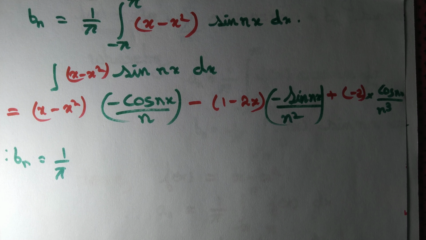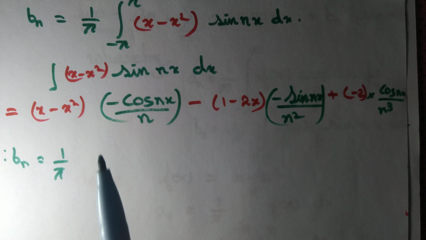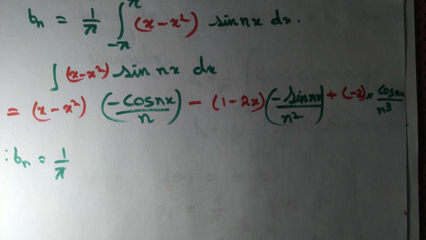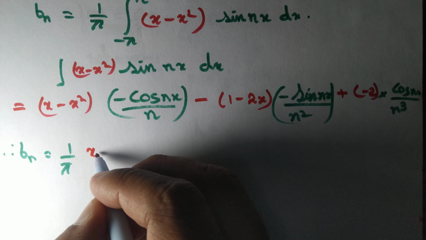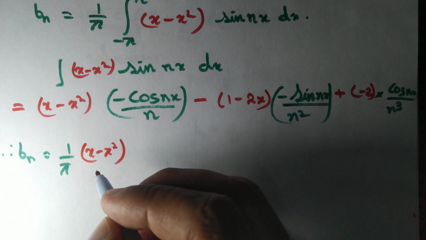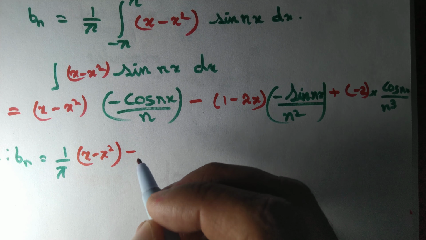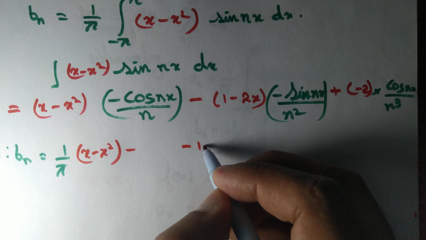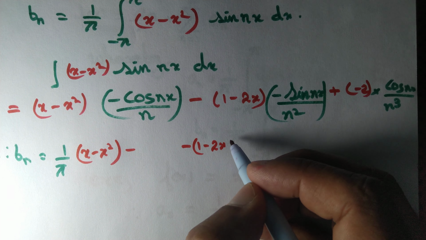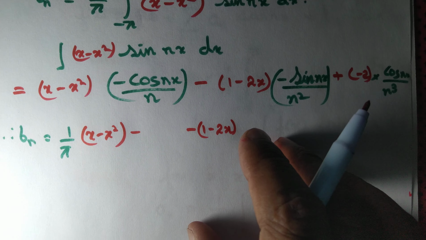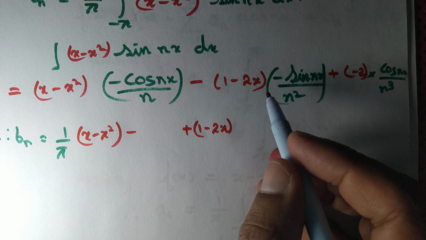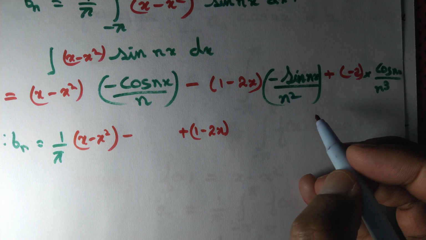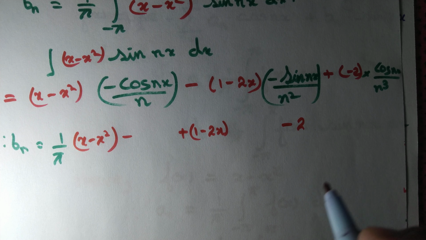Now, we just need to put the upper limit and lower limit, −π to π. So let us write it. First, we have x − x² as it is, minus of cos nx / n, then minus of 1 − 2x, then minus minus will make it plus, then minus 2 into cos nx / n³.